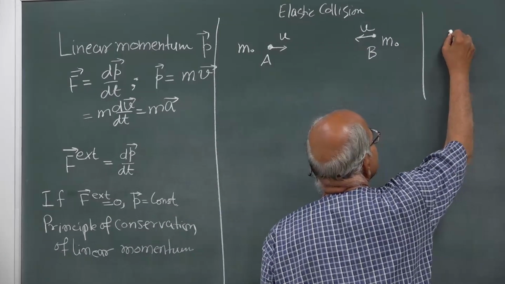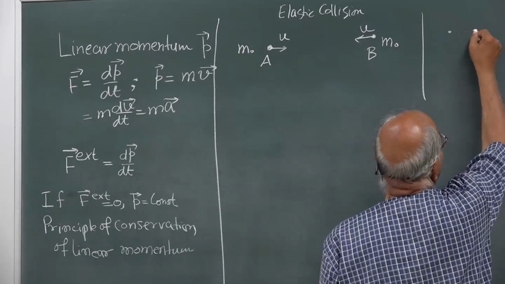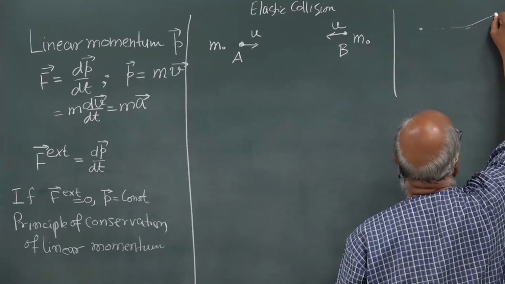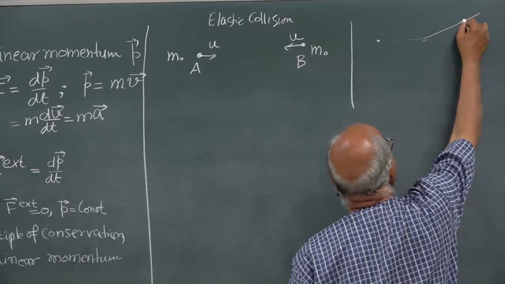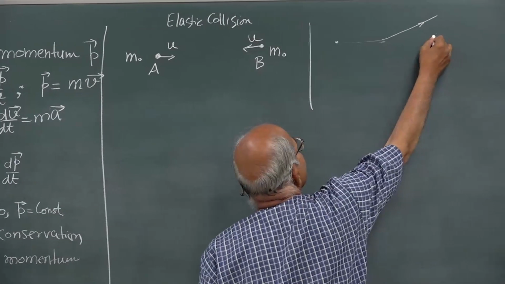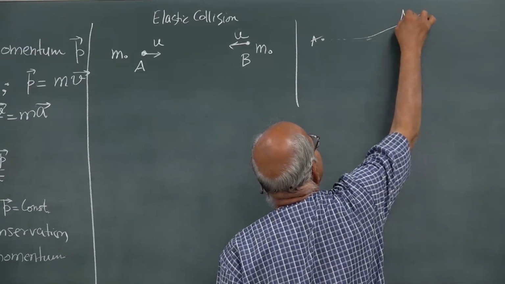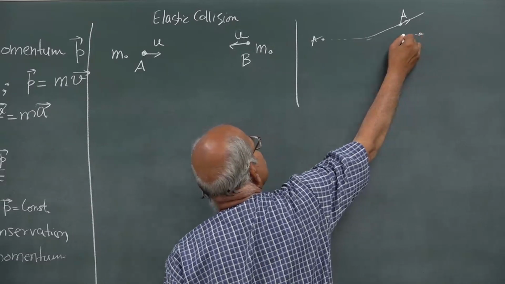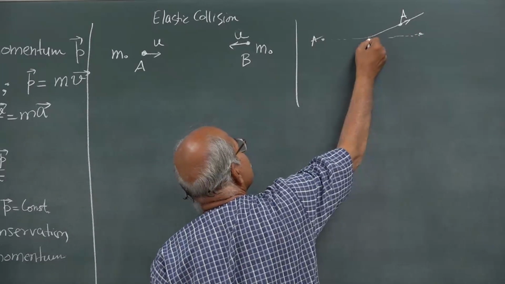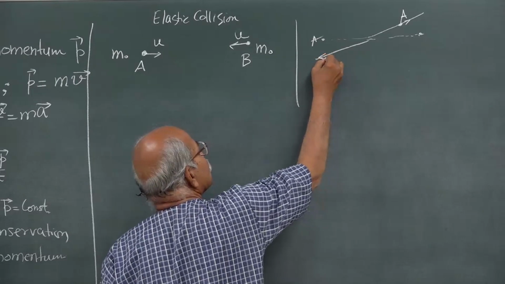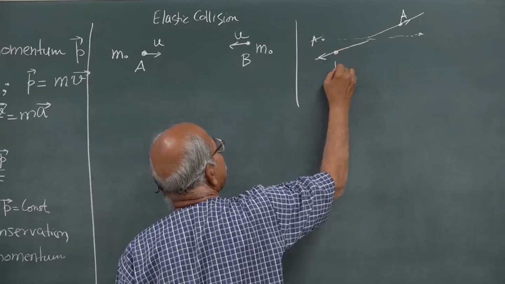So, after collision, suppose the collision is somewhere here, this particle A has picked up a small speed in the y direction and is now going this way, and this particle B, which is coming, also after collision picks up that small velocity and goes this way.